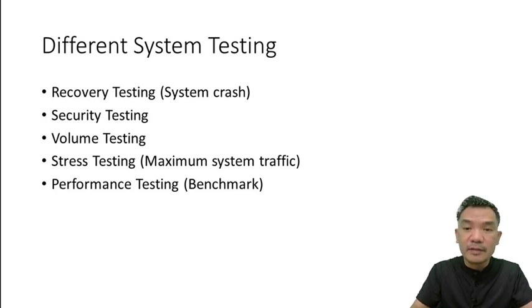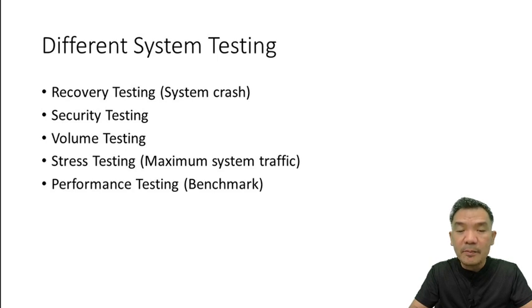For the different system testing, sometimes we do recovery testing. So what if the system crashes? And the security testing will test different security systems that might be integrated or might be part of the information system. We also need to do volume testing, meaning how many users, or at the same time the amount of data, can be accommodated by the system, which is very related to stress testing, the maximum system traffic that the network or the system can accommodate.